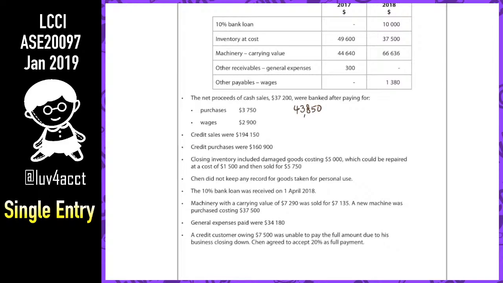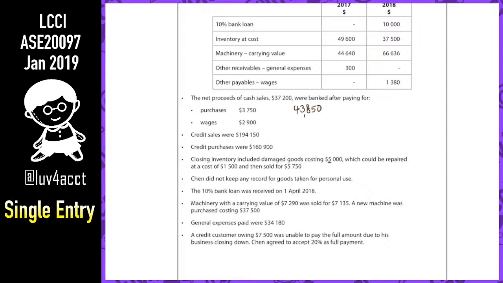Closing inventory included damaged goods costing 5,000, which could be repaired at a cost of 1,500 and then sold for 5,750.